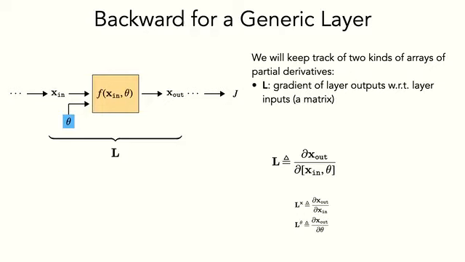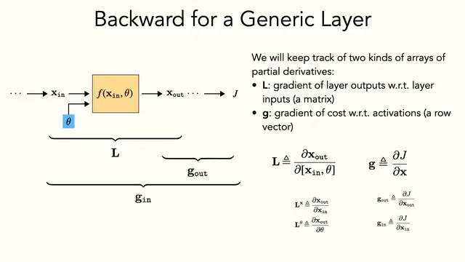And then second, we're going to keep track of G, the gradient of the cost with respect to the activations, and this will be a row vector. Essentially, it's the partial derivative of J with respect to X, with respect to that input.